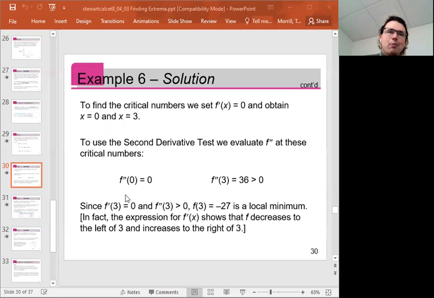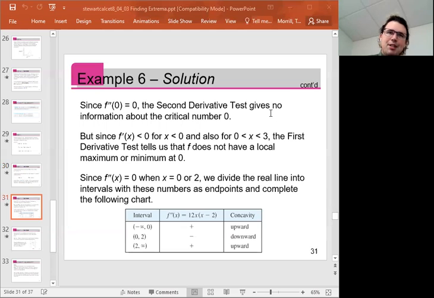Now I'm going to need a little bit more information for this x equals 0, since my second derivative test didn't work out there. Instead, I'm going to calculate f prime of x, the first derivative, for coordinates to the left of 0 and to the right of 0. So to the left of 0, the first derivative is negative.